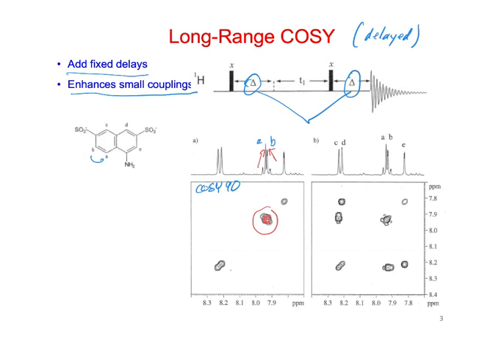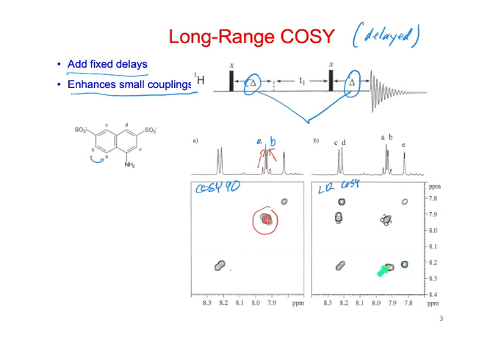If we do this long-range COSY, and I think you could play around with the size of these delays, we see some extra coupling. So here, before we were already seeing A to B, that's between here, but B right here also shows a coupling out here. And notice that these two are slightly offset.